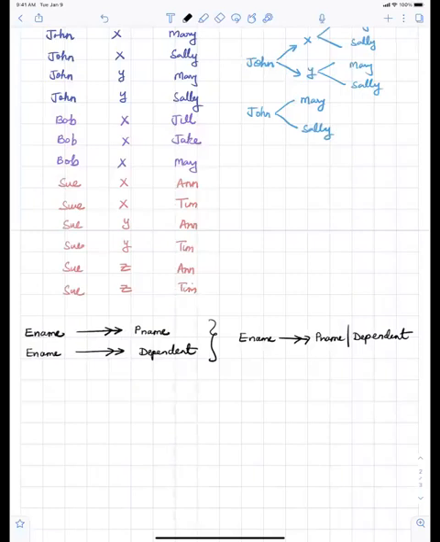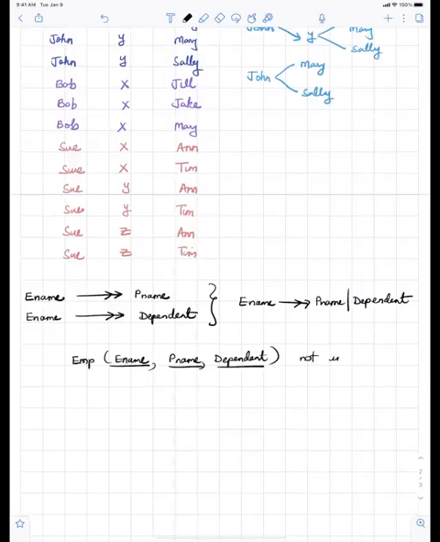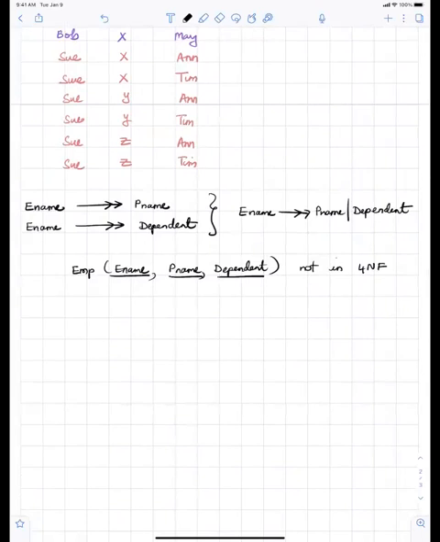So when you have something like this, you say that this table employee with ename is not in fourth normal form. So you should divide it into a fourth normal form table.